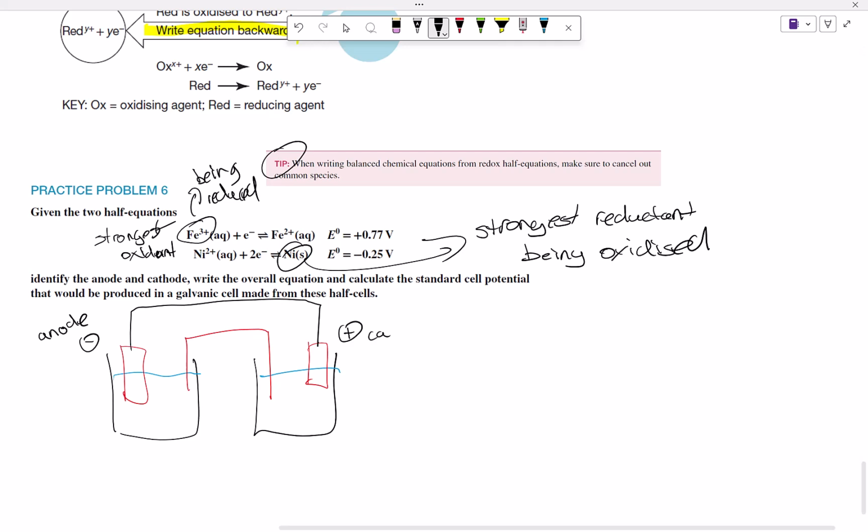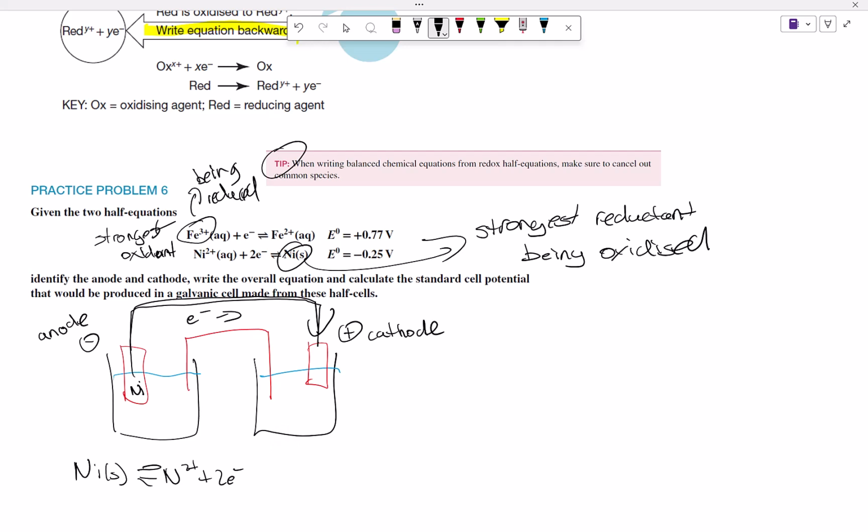So at the anode, remember that's where oxidation occurs. So whatever's been oxidized, that's going to be the nickel. So in this one I'm going to have nickel solid goes to nickel 2 plus and 2 electrons. That means electron flow is in that direction. So this would be my nickel.